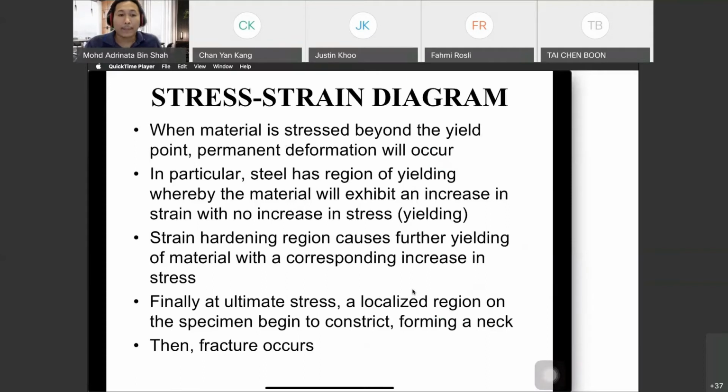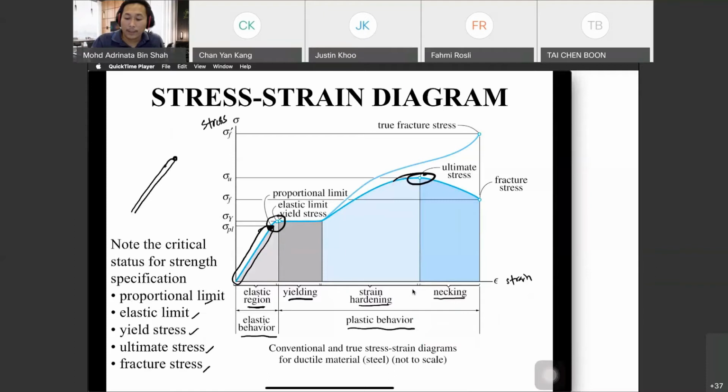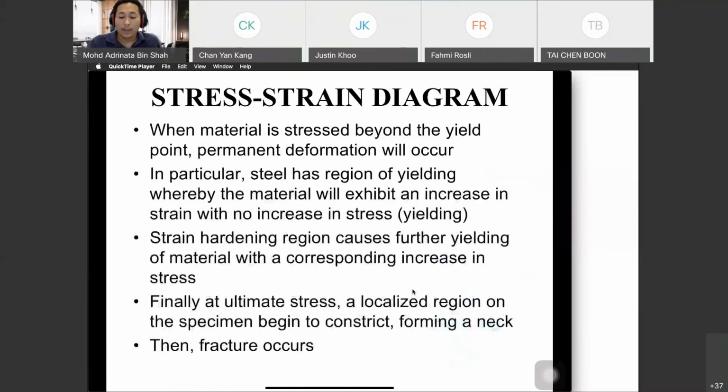Stress strain diagram, when the material is stressed beyond the yield point. Okay, we have this one, yield stress, yield point. Permanent deformation will occur. It will not come back to the original place. In particular, steel has a region of yielding whereby the material will exhibit an increase in strain with no increase in stress.